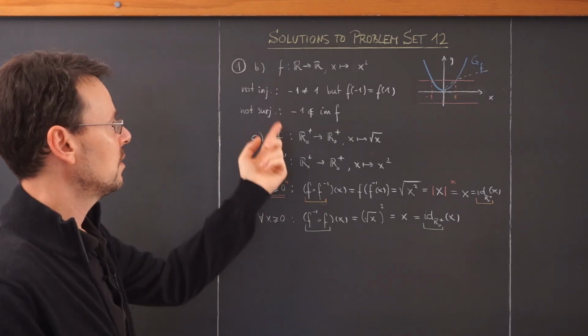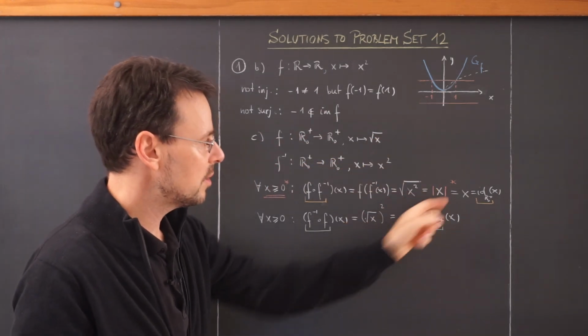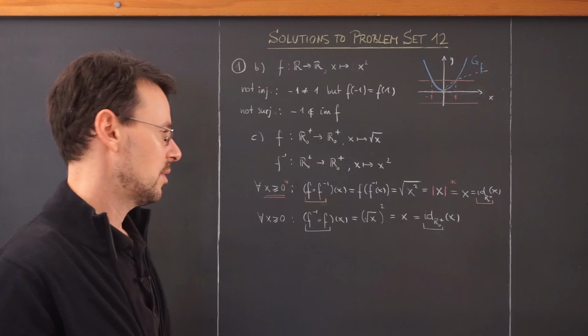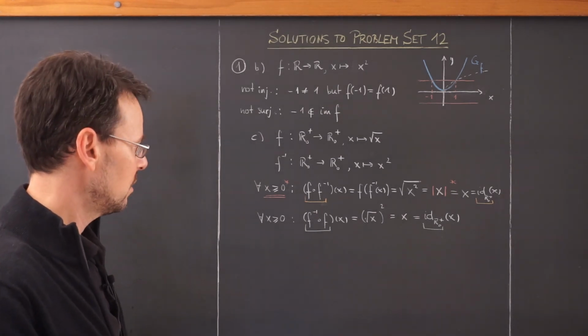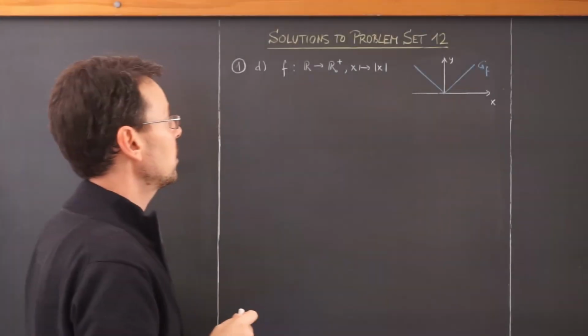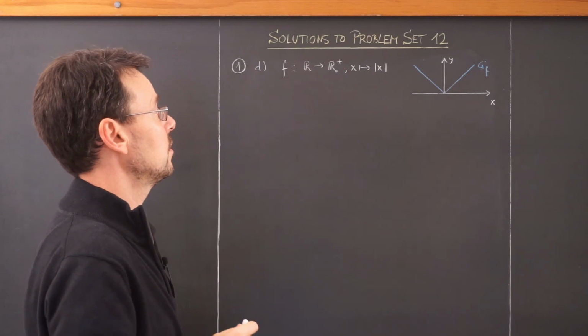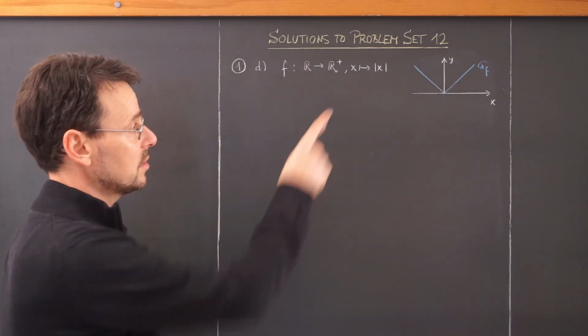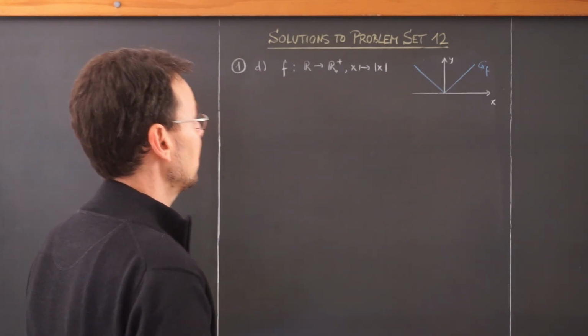And if you try to do this by foot, both separately, you also have to be careful about this stuff here. But I'm gonna leave that as an exercise for you if you want to do that the other way. All right, part D, the absolute value function from the real numbers to the non-negative real numbers. You should know from high school that the graph of this function looks like that.